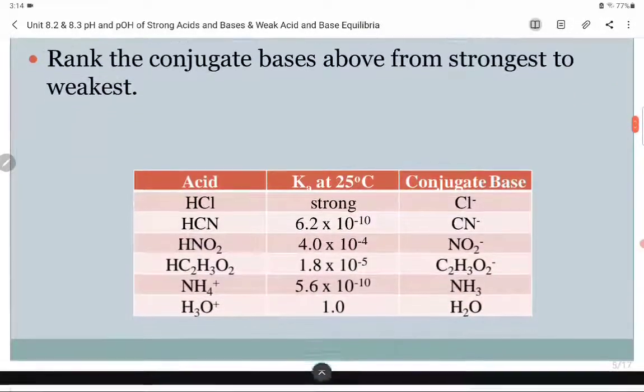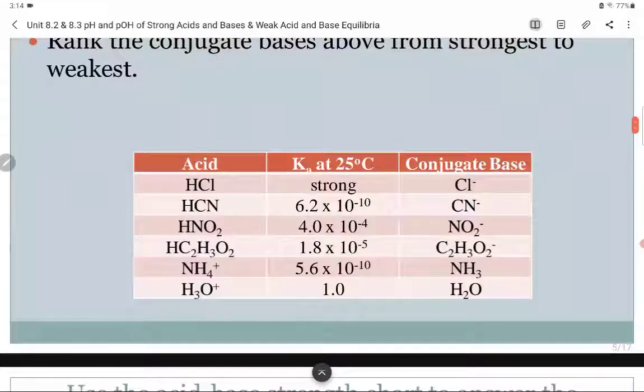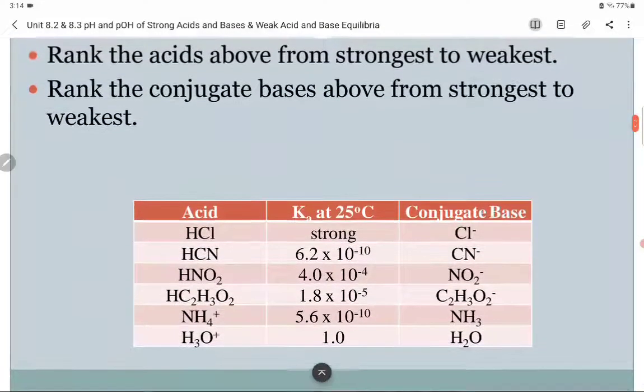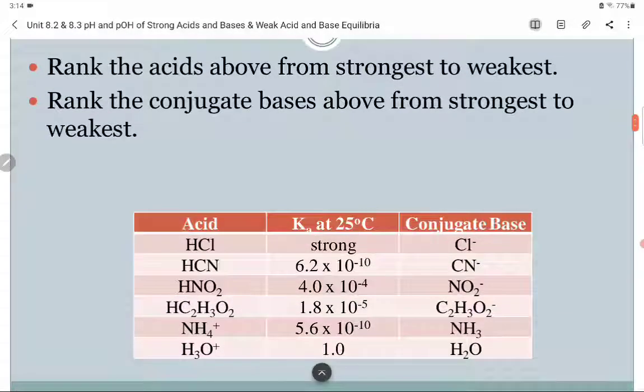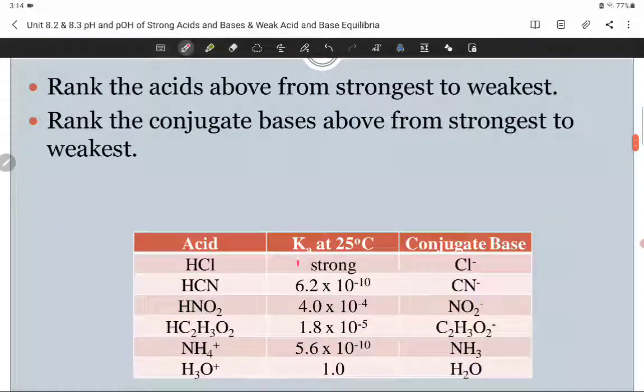So we can talk in terms of this amount of dissociation with Ka values. Rank the acids from strongest to weakest. Well, I guess since this one says strong, HCl, you didn't have to know it was strong. You know what, let me not put the 1 there. We'll put it over here.